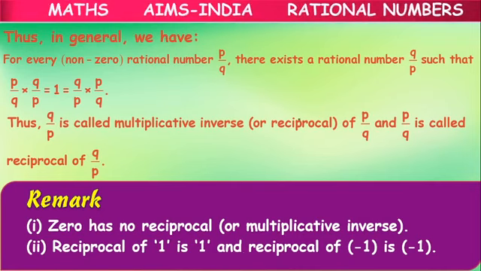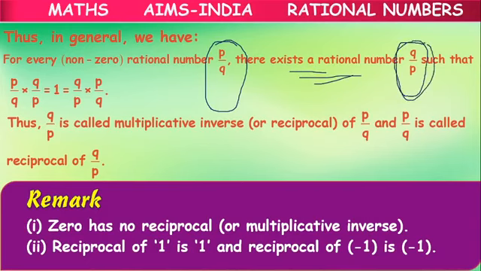From this, if we have P by Q, there exists a rational number or reciprocal Q by P such that if you do product of a rational number and its reciprocal, the result will be 1. Means when we are multiplying by its reciprocal, we are getting 1.